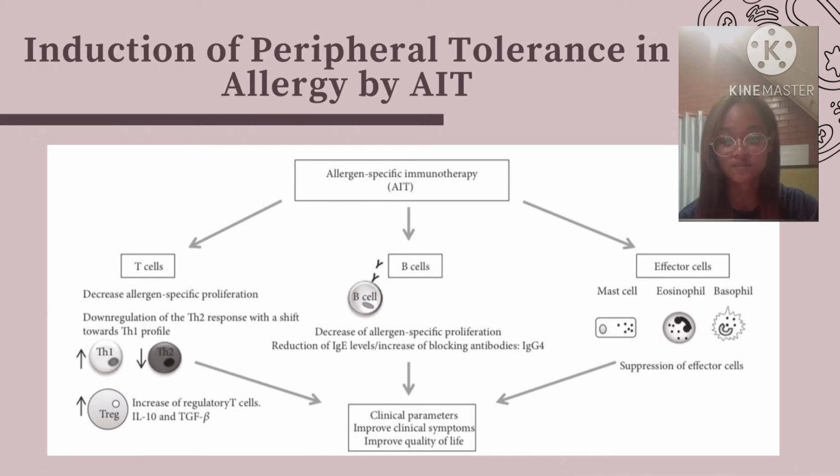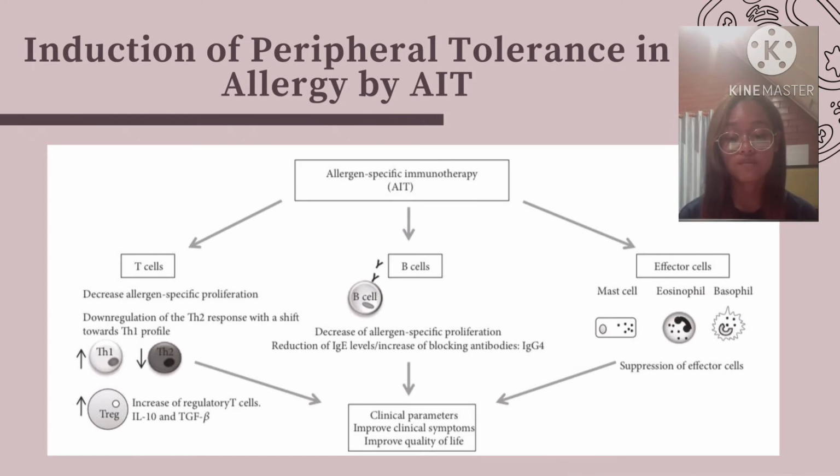cytokine. And next, AIT and this promoting of Tregs also suppress allergic inflammation induced by mast cells, basophils, and eosinophils.